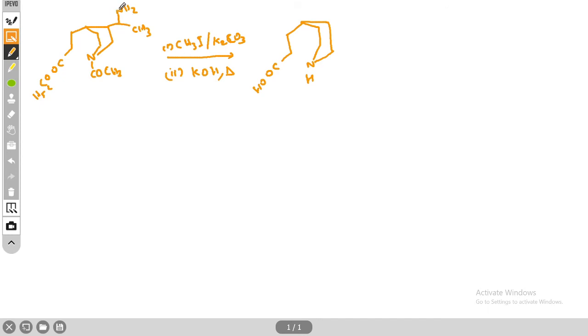Here first it becomes a quaternary ammonium salt, then elimination takes place. In Hofmann elimination, the less substituted product will be the major product.